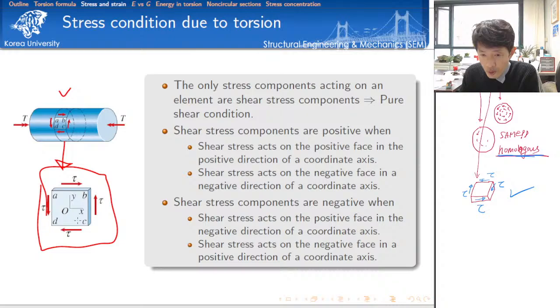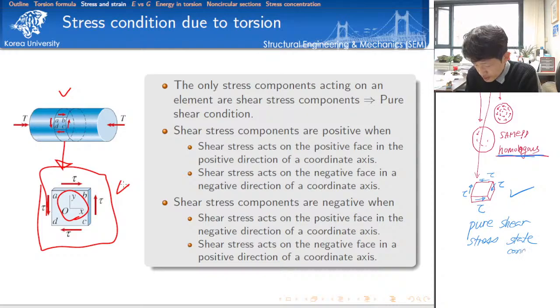There are no normal stresses in this observation frame. What I mean is, in this observation frame, there is no normal stress component. That's why we call this stress state the pure shear stress state, or pure shear stress condition, the same meaning.